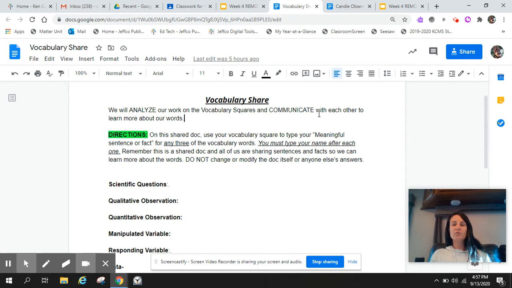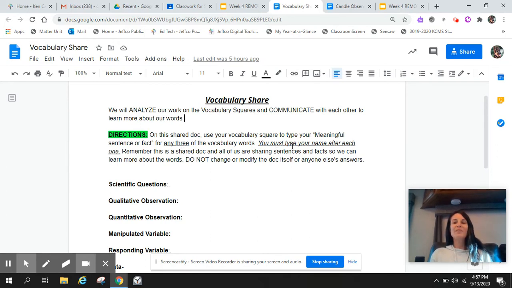So we are going to use the document you see in front of you called Vocabulary Share to share with each other the facts or sentences or examples that we came up with. So you'll see the directions listed here. On this shared doc, shared means everyone can see what we are typing. We're going to use our vocabulary squares to type your meaningful sentence or fact for any 3 of the vocabulary words.